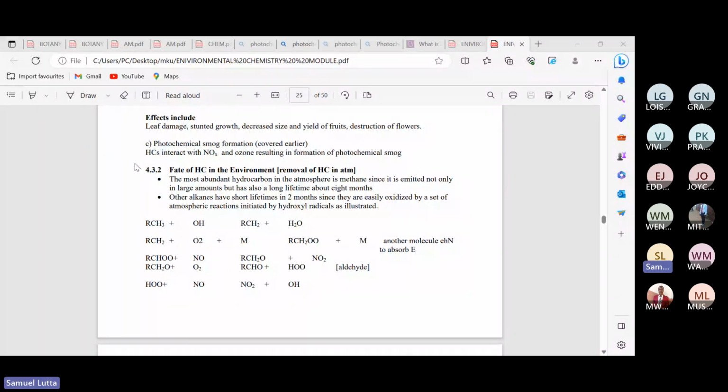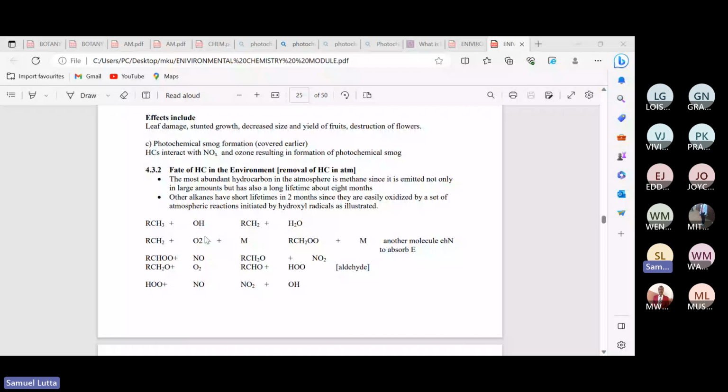What I told one of you is that instead of typing, you can write, then scan and upload as a PDF. I did that because we started late, so I wanted us to do quite a long one, where you can get the info. I'll send you some more information which you can access to help you answer that. I know it's quite long, but I thought we do it for the purpose of helping us revise and get through the notes.